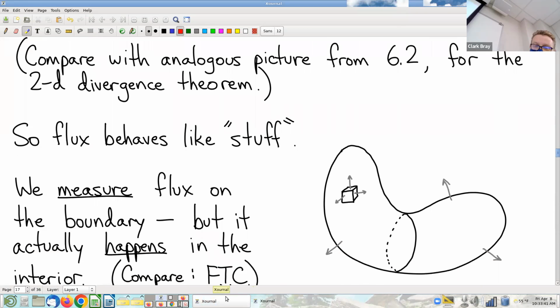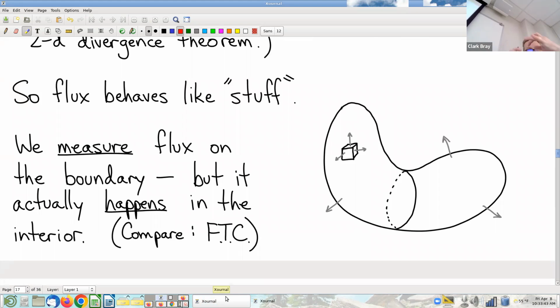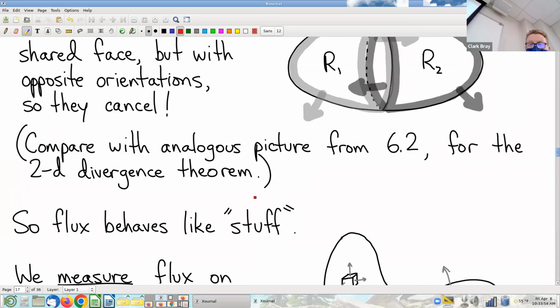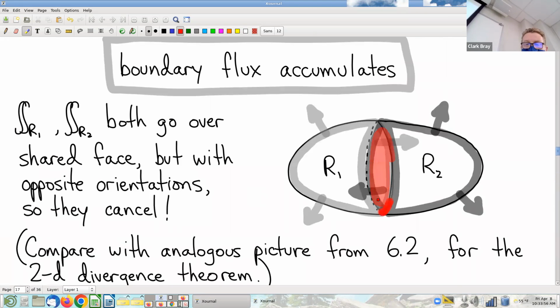It's just that if I try to draw a bunch of these little boxes on the inside of the solid, the picture gets far too cluttered to make sense of. But the point is, if you were to draw such a thing, there would be shared boundary faces, and it doesn't matter how many of these shared boundary faces you have, they always appear twice, with opposite orientations, and they cancel.